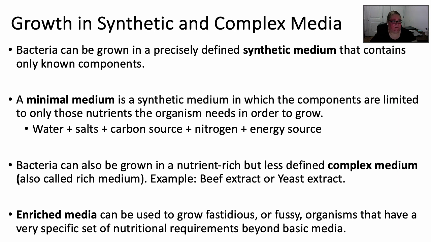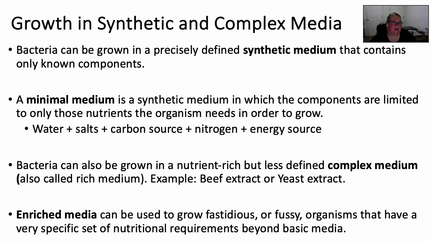Okay, so we've talked about how we could get a pure culture. We've talked about isolation streaking. We've talked about the spread plate technique. Now we need to talk about other ways we use media or culture to figure out what we're growing. Okay, so we have different synthetic and complex medias, and we need to know what this means.